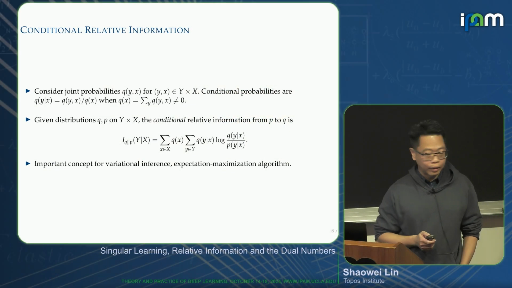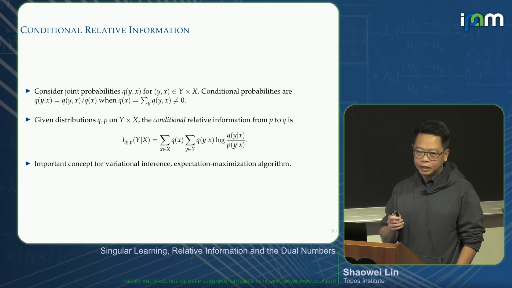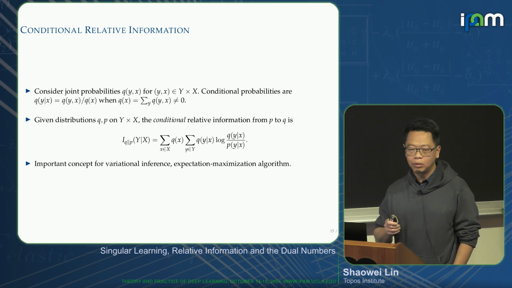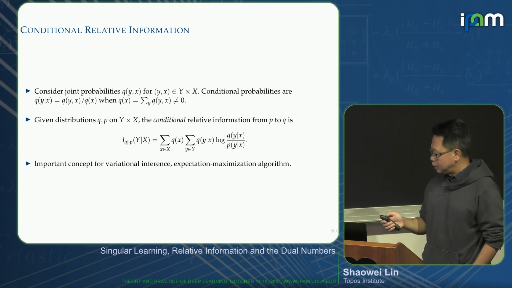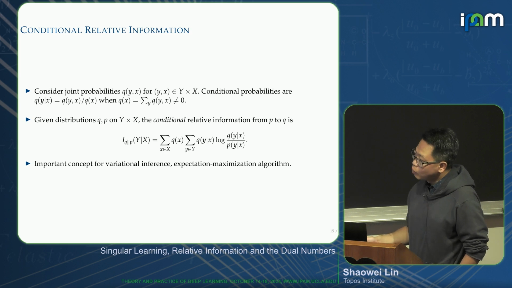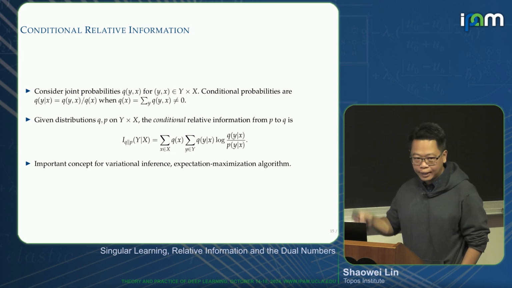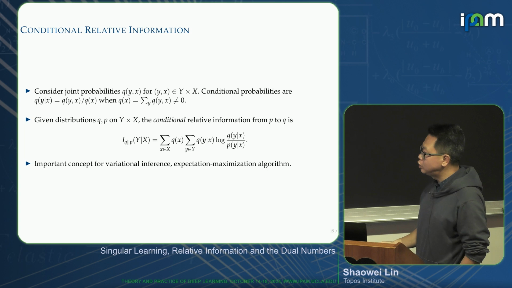So first, I want to define a slight generalization of relative information called the conditional relative information. If you have random variables x and y, then the relative information from P to Q of y conditioned on x is going to be the relative information of Q of y given x from P of y given x.